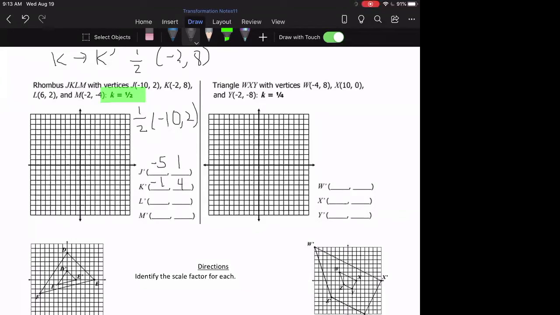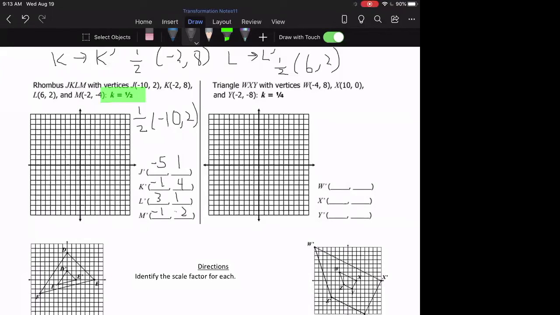Then L to L prime, that's 1/2 times 6, 2, so that will be 3, 1. And then the last one will be -1, -2.